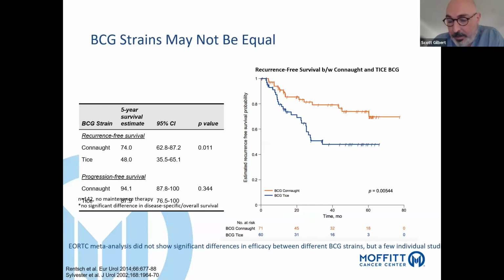So not only do we have an issue with BCG availability, but we may also not be accessing the most effective BCG strains. There is a randomized control trial run by Southwest Oncology Group that's wrapping up now, called SWOG 1602 rather, and that is comparing Tokyo strain to the Tice strain, with a third arm of patients getting a prime, a dermal prime with the Tokyo strain.